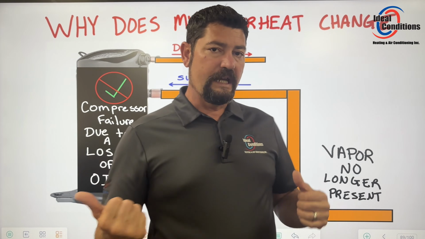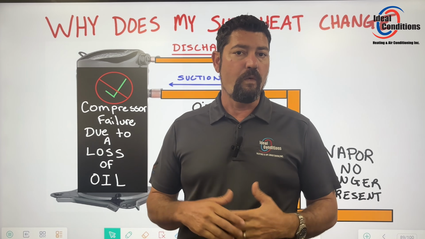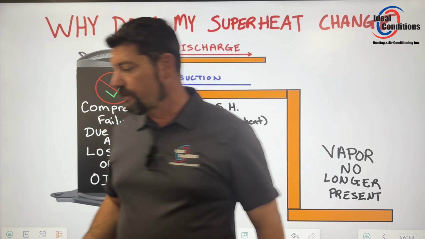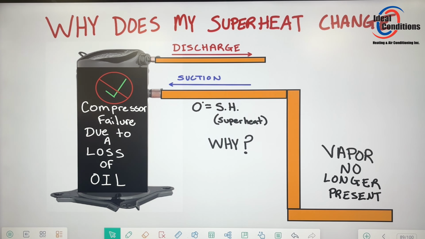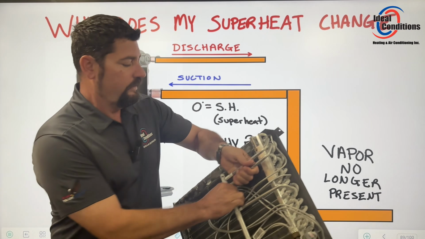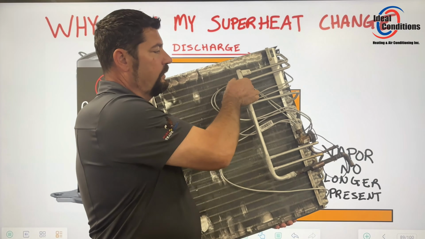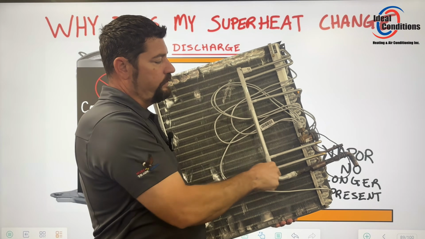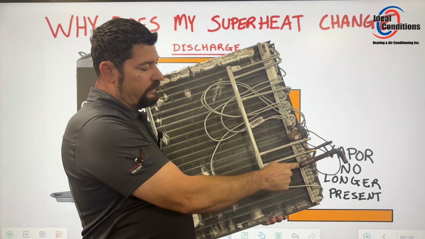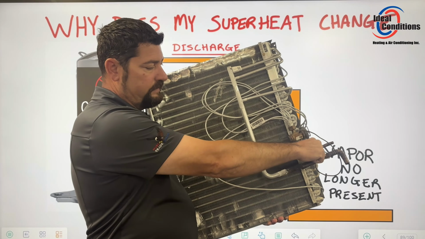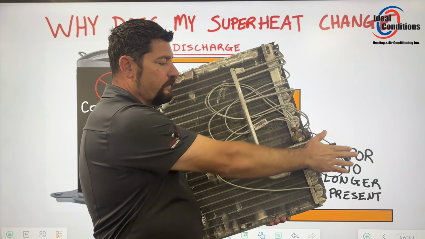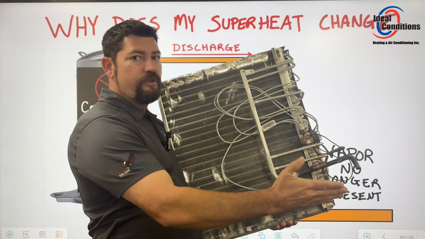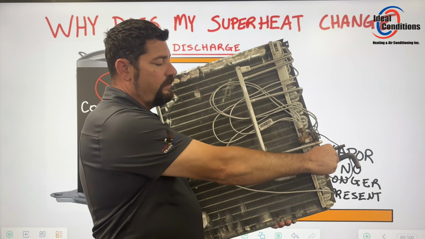I told you in that last video I was going to release a video about water in the chase, because when I held up the evaporator coil in our classroom, I said very simply, we're getting superheat on each one of these sections of coil, and it all comes right back, and we're going to measure that temperature right here, and that will give you the most accurate superheat value, right?